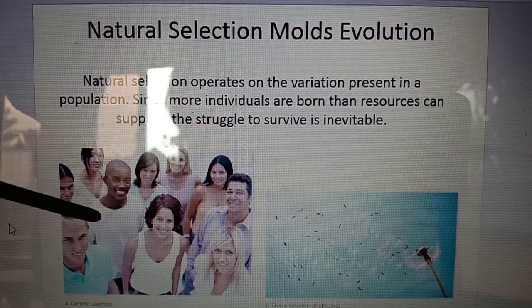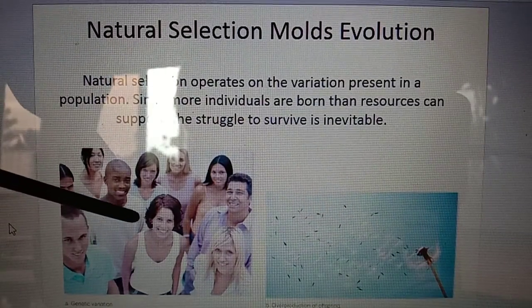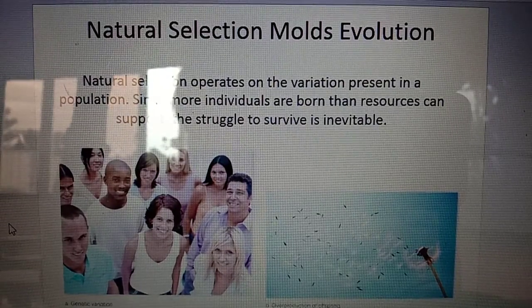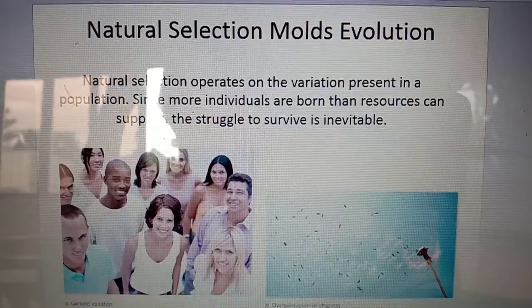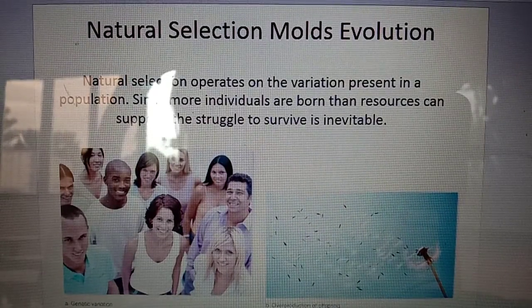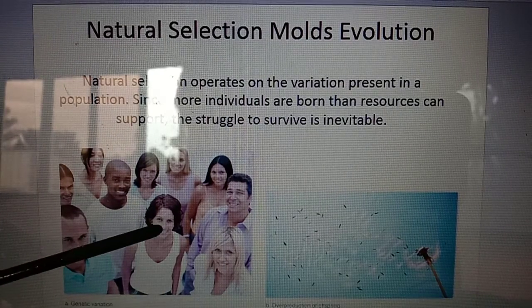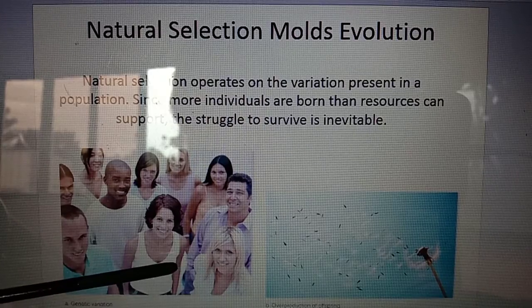But it doesn't mean that all of this is going to survive, because there are some cases where some genes do not survive. Maybe we will discuss some of those later on. Okay, some individuals in a population are better than others at surviving and reproducing.